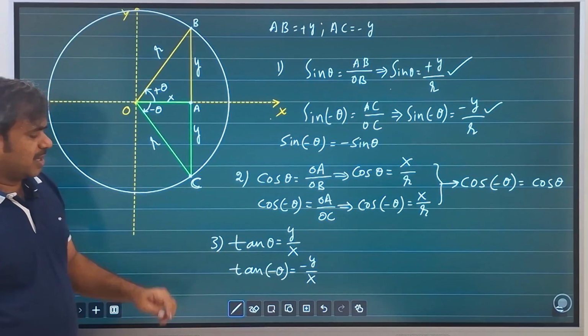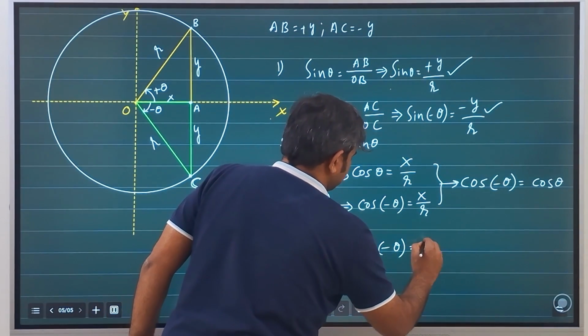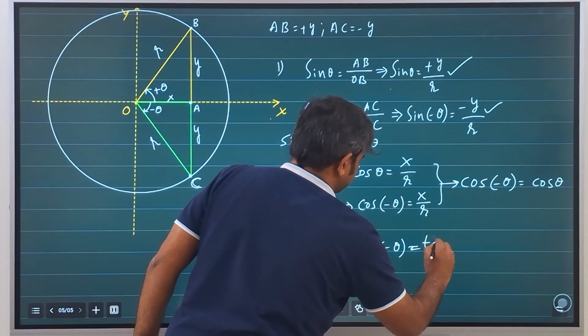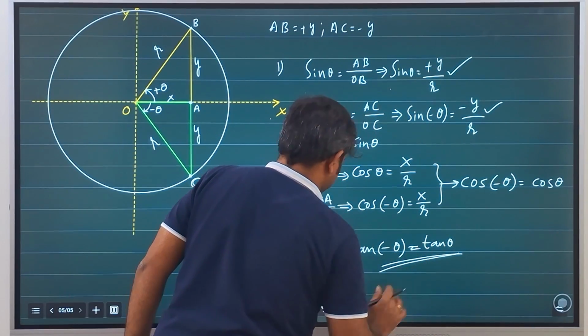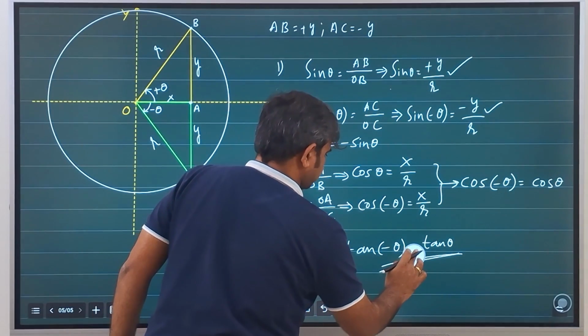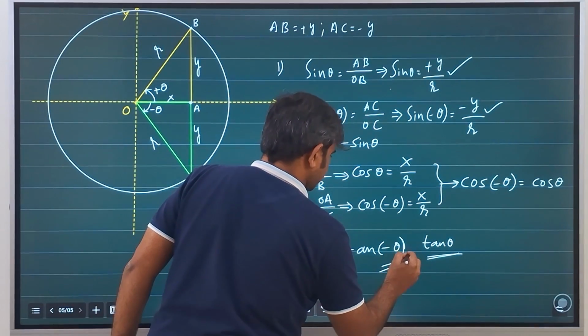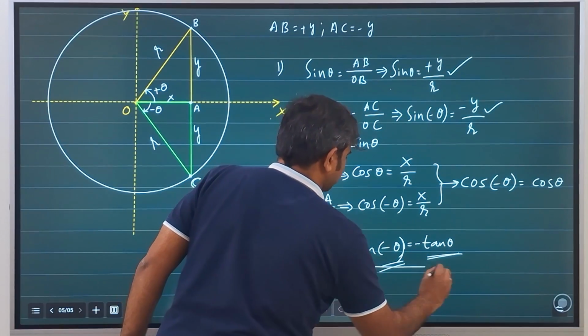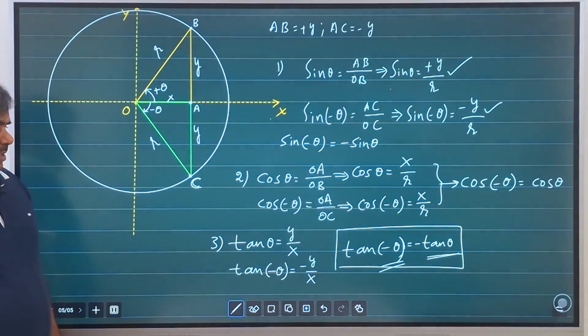So minus y by x. So tan minus theta is equal to minus tan theta. Tan minus theta is equal to minus tan theta. So tan function of theta is an odd function.